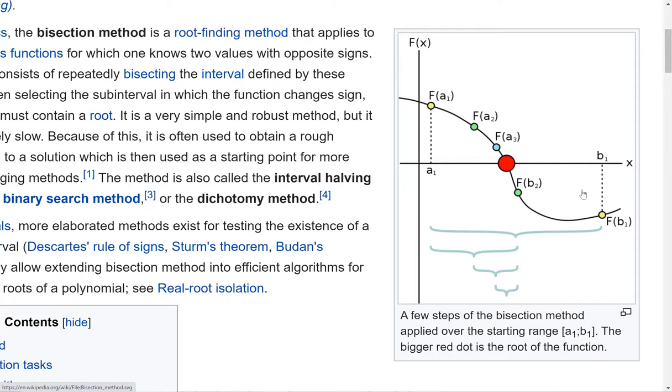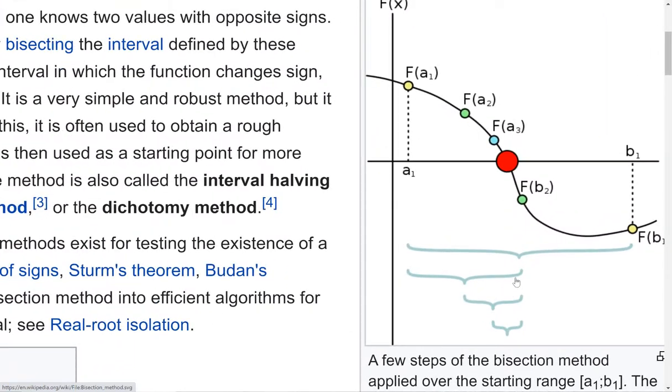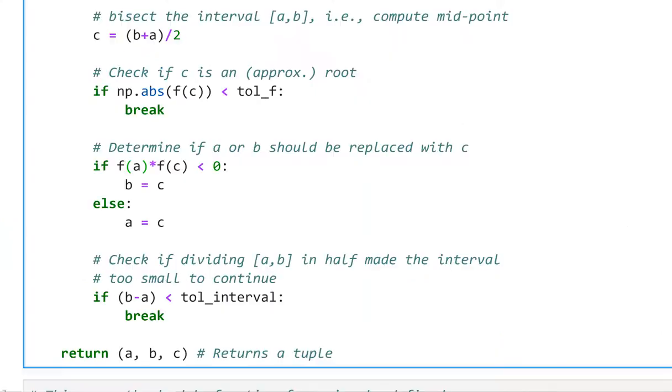If you look here and here, this initial iteration produced a b value. This was the midpoint, the initial c value, and the function evaluates to a negative there. It has a different sign than f of a. So f of a times f of b is less than 0. We need to replace b1 with b2 to create a new interval given by this bracket right here. And that's exactly what is being done here.